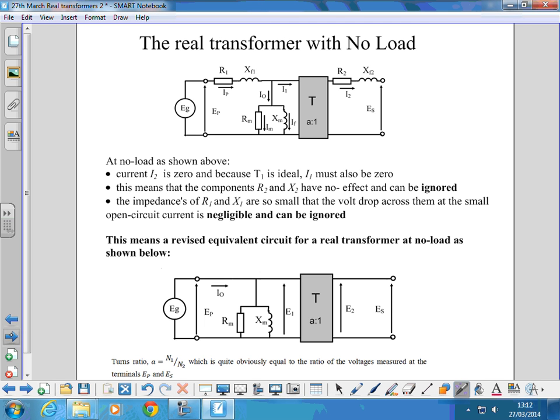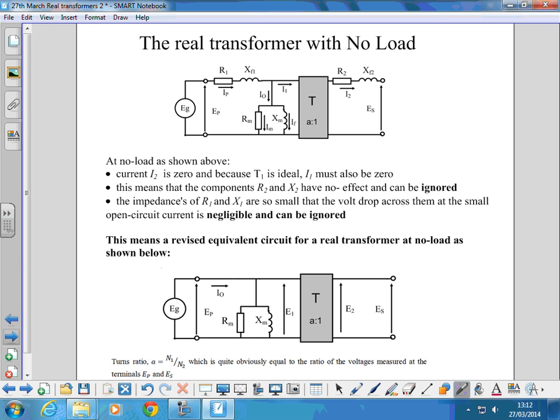And it's no load, so I've got no load connected. I would have a terminal voltage across these terminals if I've got a generator voltage connected to the other side, but no current will be flowing either in the secondary or into the ideal transformer. So the current I2 is 0 because T1 is ideal.